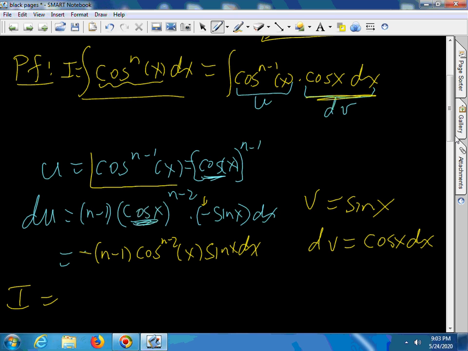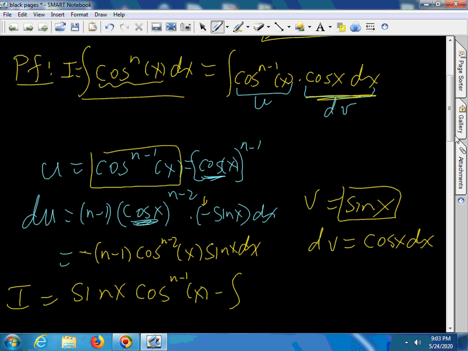I write v first: sine x times cosine raised to the n minus 1 of x, minus the integral of v du. Well, here's du and here's v. We need to multiply them.